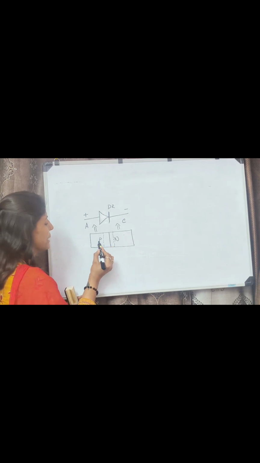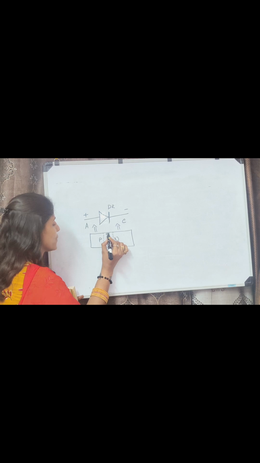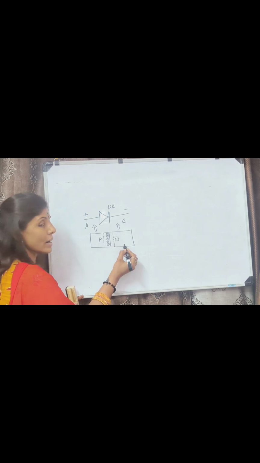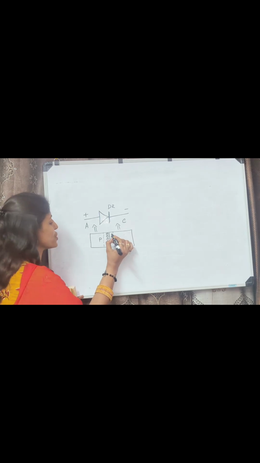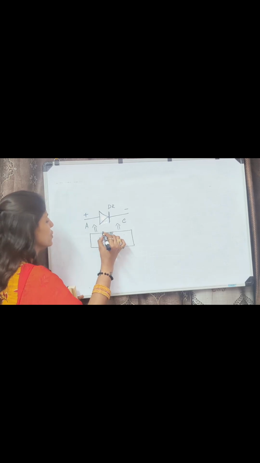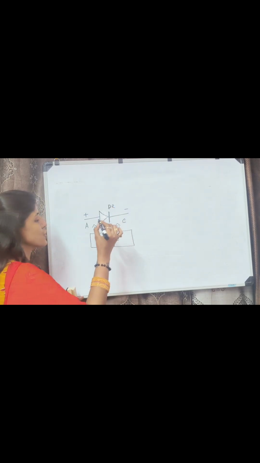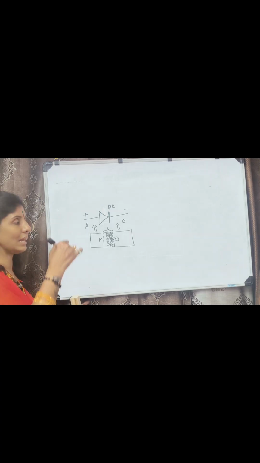Holes are lost here, so negative ions are produced here. Electrons are lost here, so positive ions are available here. So the depletion region is represented by a line like that.